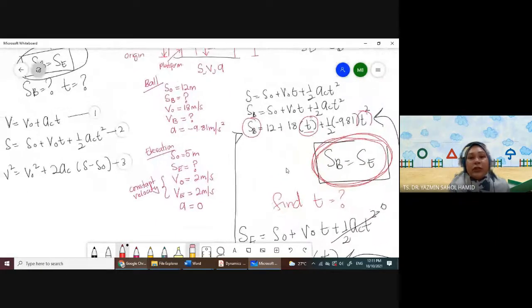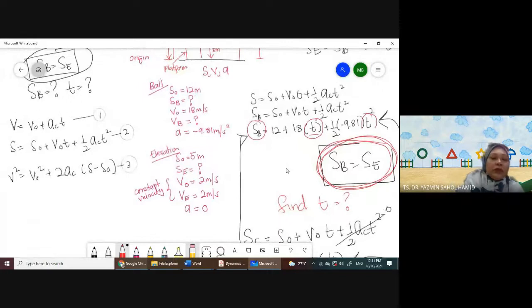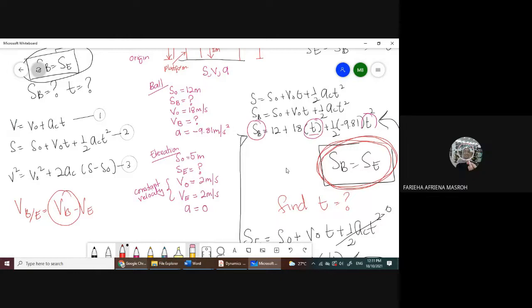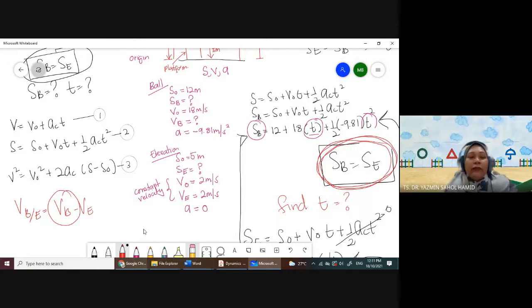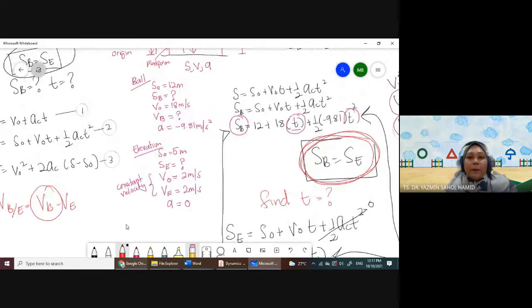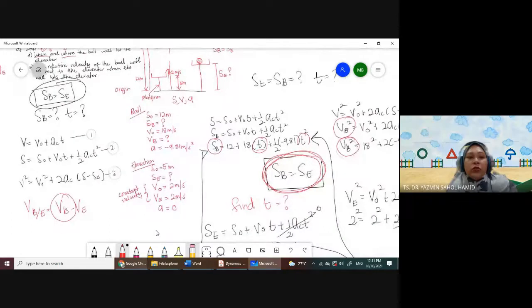Guys, we're doing the next question. You need to find VB minus VE. Do you have VB, guys? No. Okay, so if you do not have, do you think you can find it? Boleh. Using what?